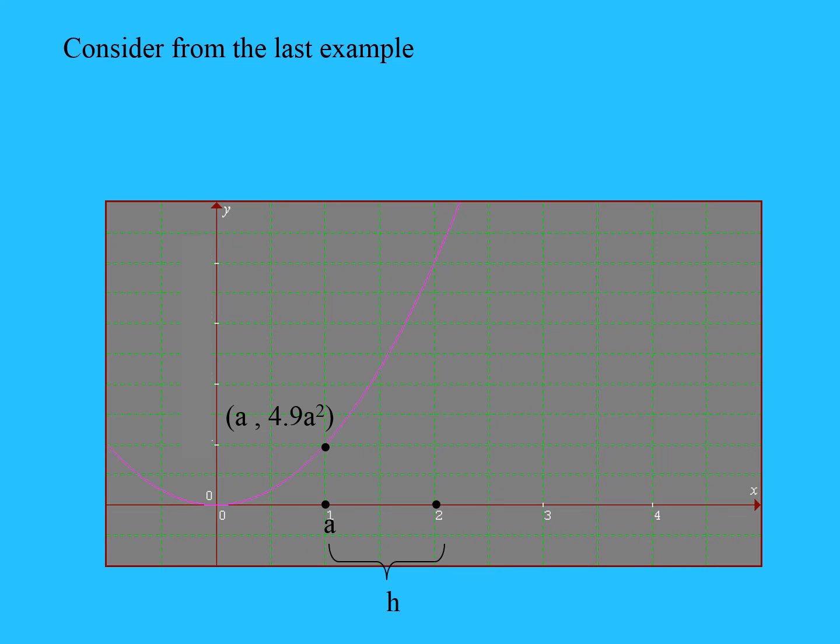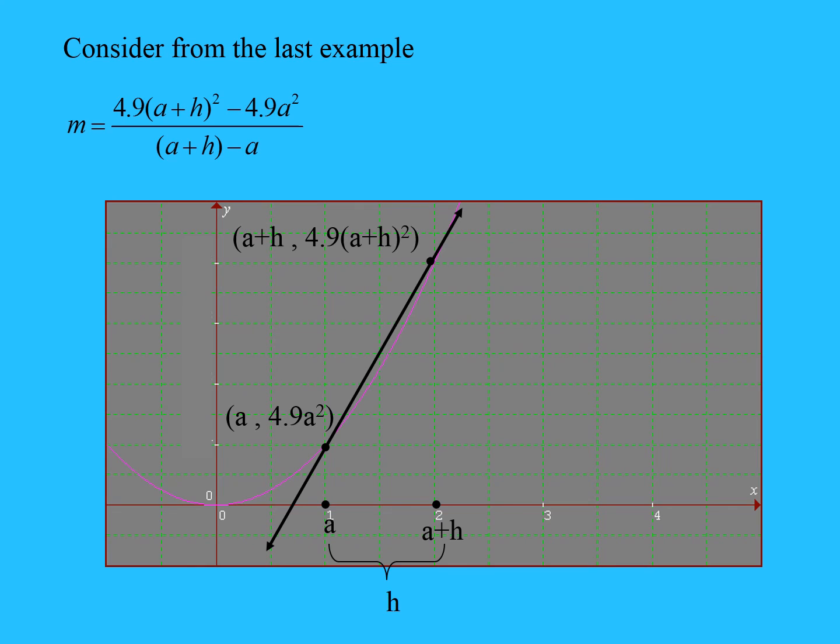So our second point we could label as a plus h. So labeling that point, we would get a plus h, and then 4.9 times a plus h squared. So if we wanted to find the slope of that secant line through those 2 points, we would have this.